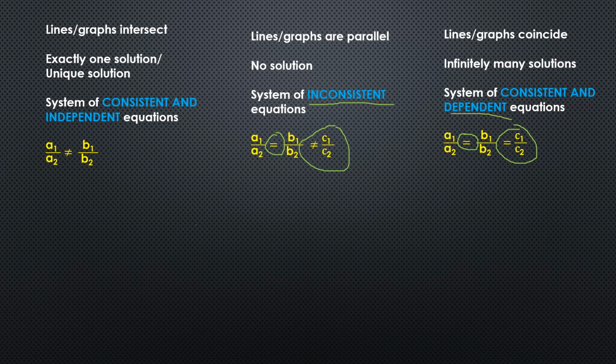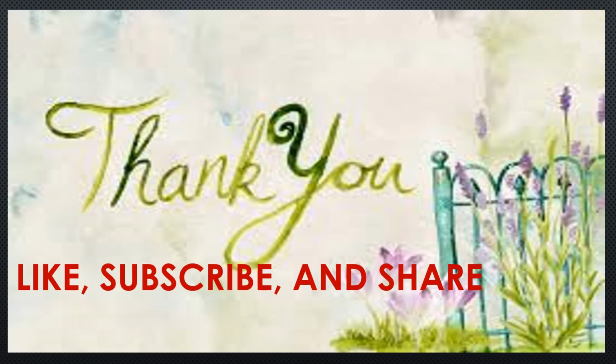But if you have a sub 1 over a sub 2 compared to b sub 1 over b sub 2 and the result is not equal, you don't have to compare it to your c sub 1 over c sub 2 because automatically, the answer is consistent and independent.